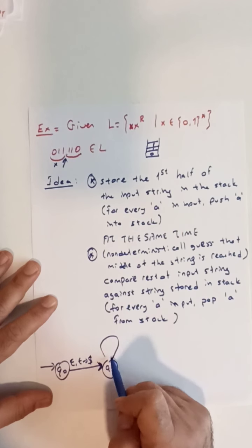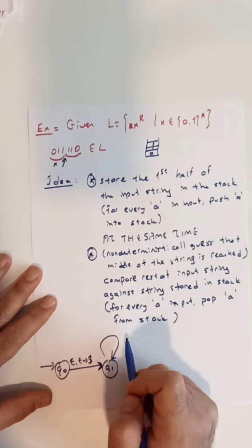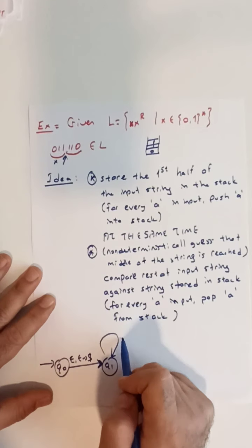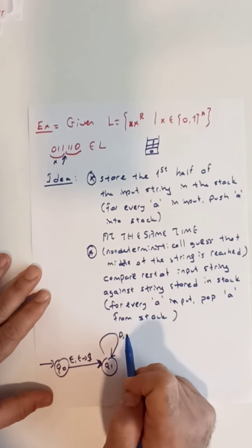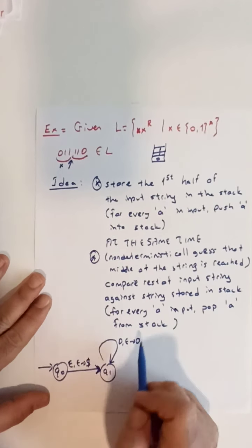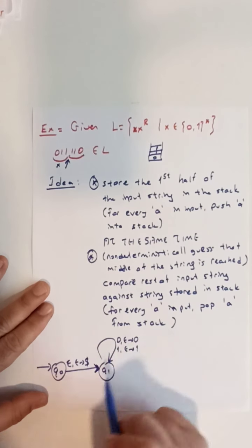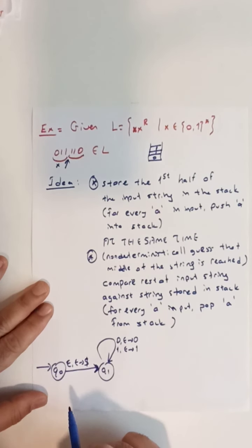So at Q1 we have a loop where if we read a 0 from the input, we don't pop anything from the stack, we push a corresponding 0 into the stack. Same for the symbol 1: don't pop anything from the stack, push a symbol 1 into the stack.